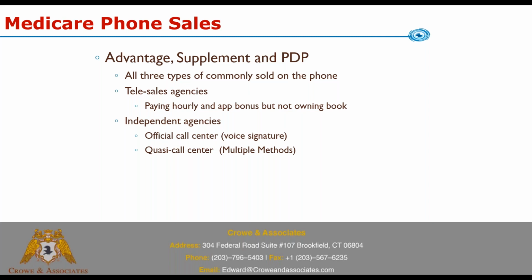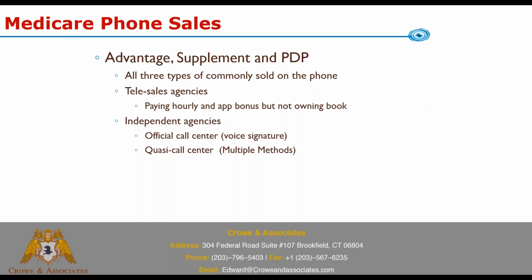But usually the focus is either selling supplements and PDPs or selling Advantage and Dual Advantage. Like I said, you do see some who mix it up and do all of them. But a lot of times somebody will focus on either the supplement and PDP part or the Advantage and the dual part, or sometimes just purely the dual. They really go after the dual clients.